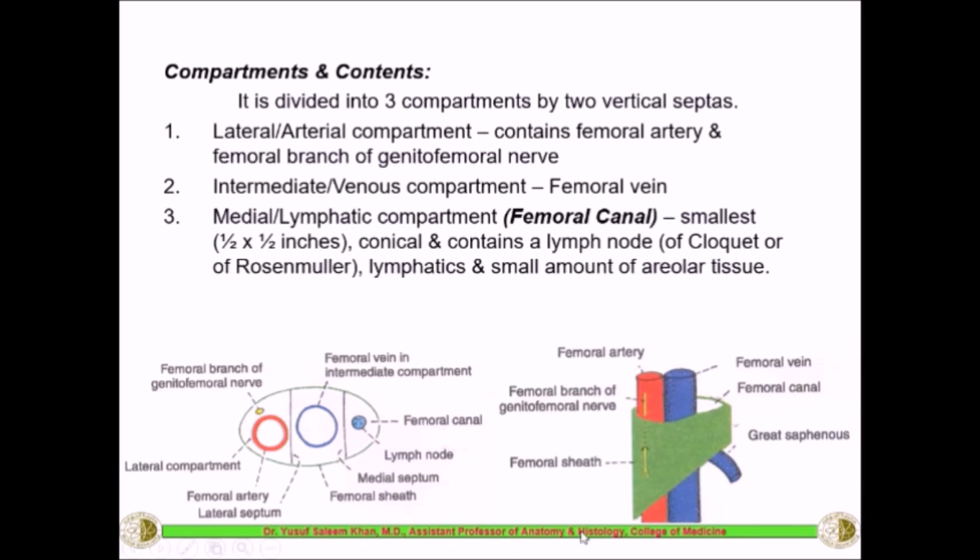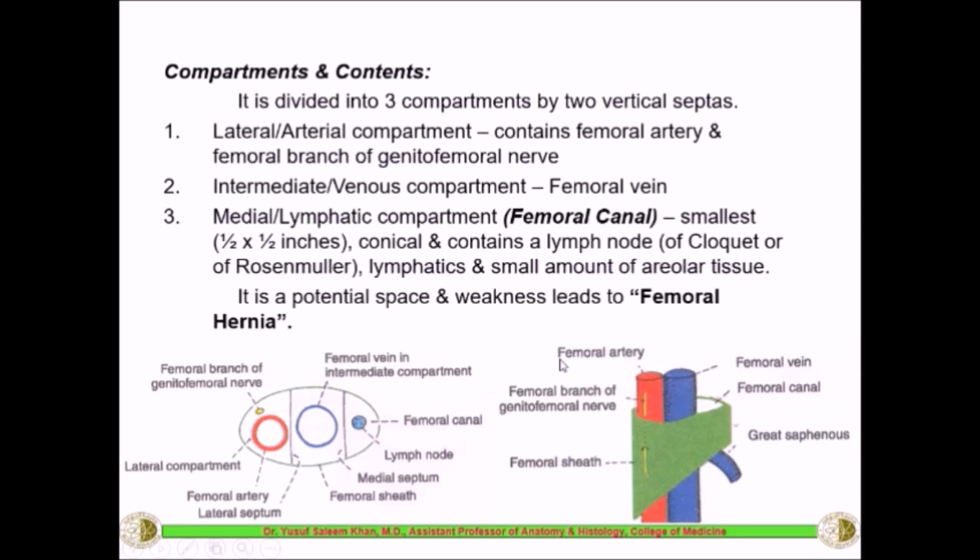In other compartments we have the artery and vein totally occupying these areas, but here, because it is almost empty, with a small group of lymph nodes and fat, this becomes the potential space for abnormal protrusion of the abdominal contents through the abdomen into the femoral canal, and this leads to conditions called femoral hernias.